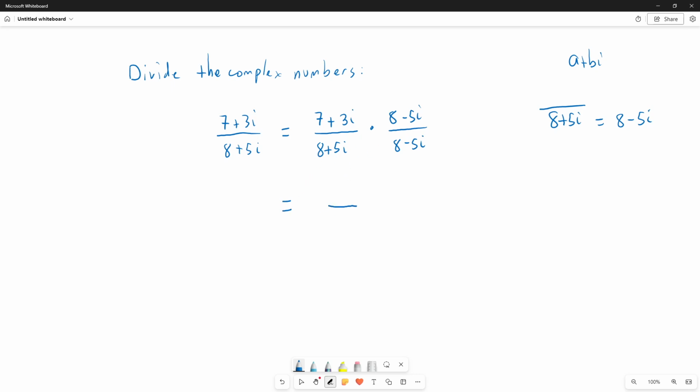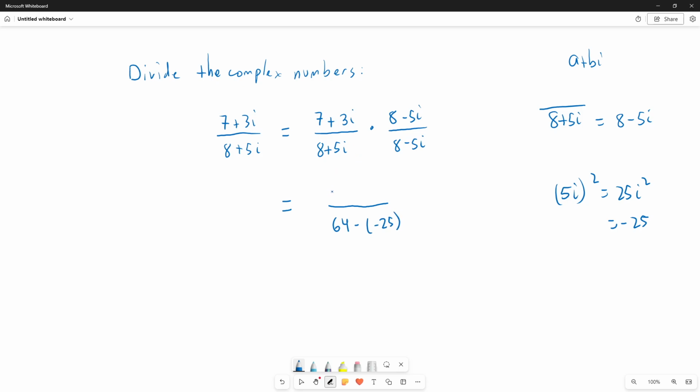Now, in the denominator, when you multiply these conjugates, we have a plus b times a minus b is a squared minus b squared. So that's 64 minus, and then if you square 5i, you get 25i squared, which is negative 25. So this is minus negative 25.